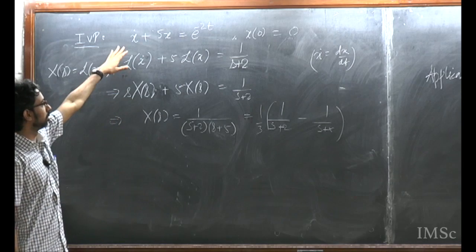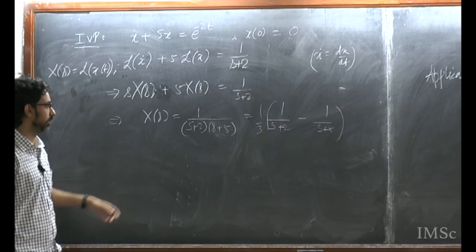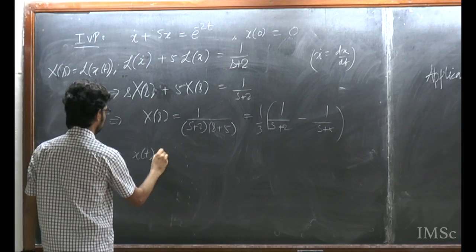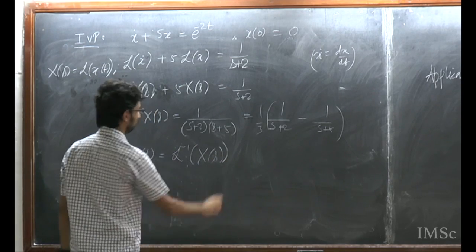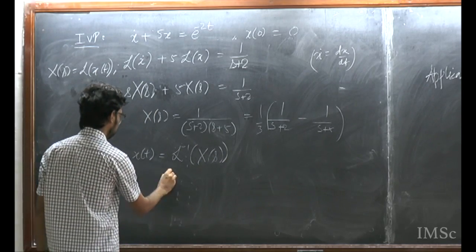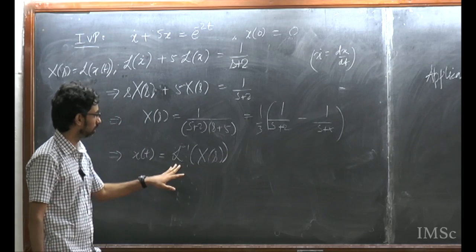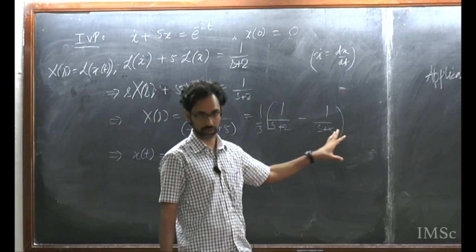So to find out the solution, you need to apply the inverse Laplace transform here. So what is x(t)? This is the inverse Laplace transform of X(s), and one thing to note about the inverse Laplace transform is that it is also linear.